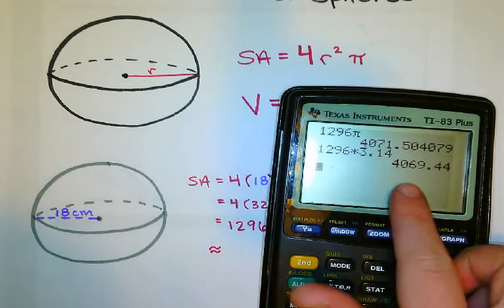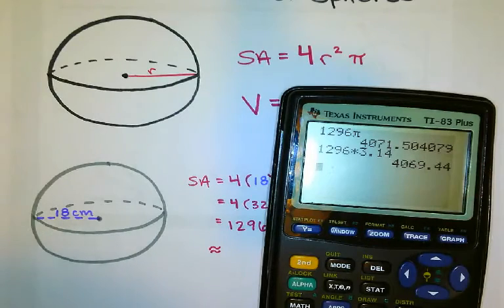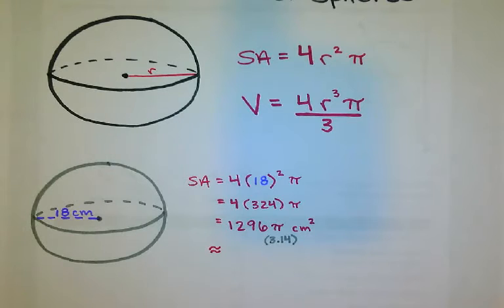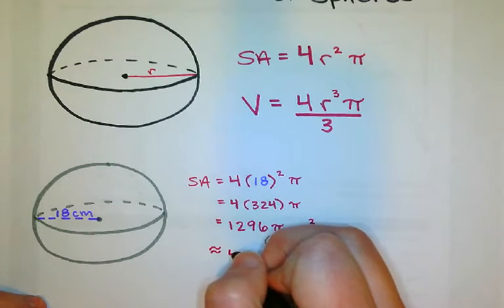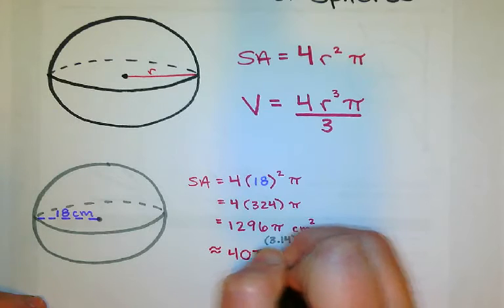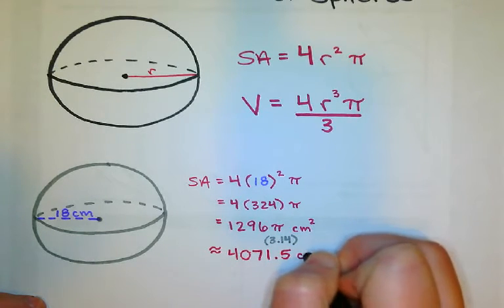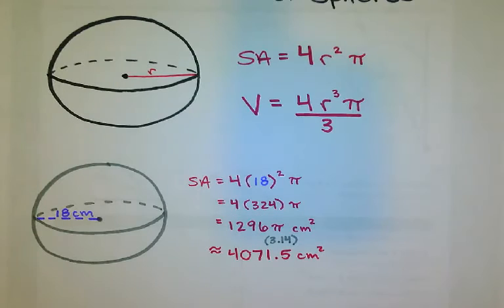But either one of these answers I will accept. So I'm going to go ahead and use the more exact approximation. So this is approximately 4,071.5 centimeters squared. There we go.